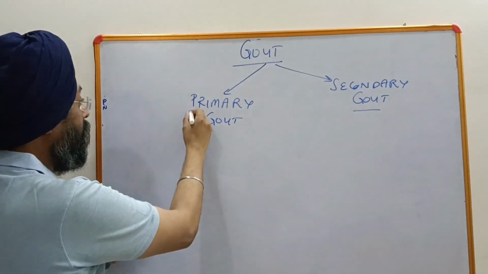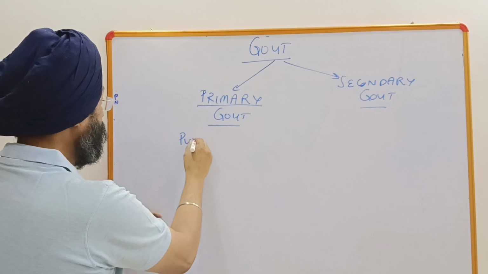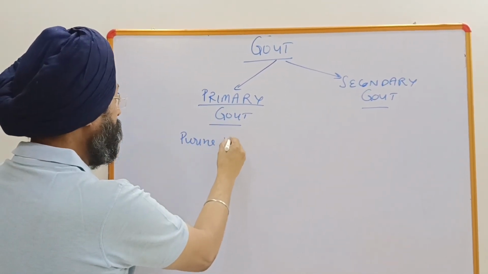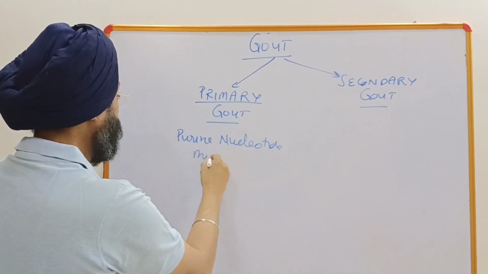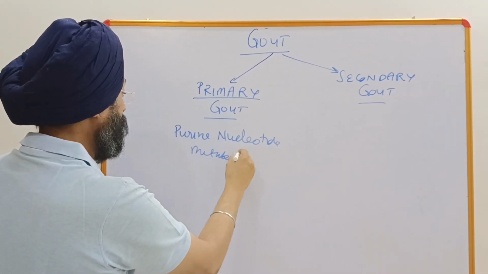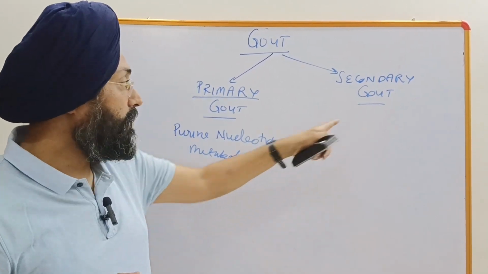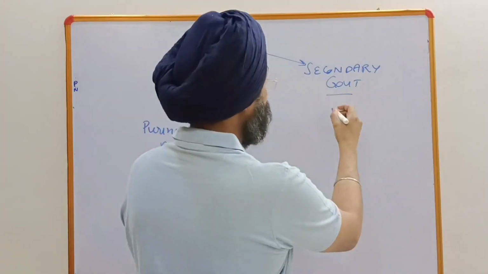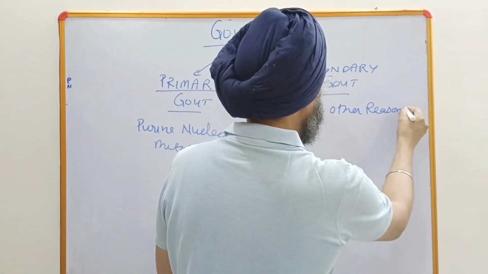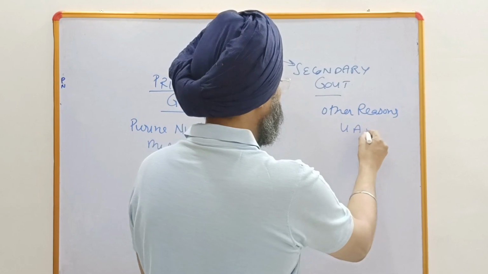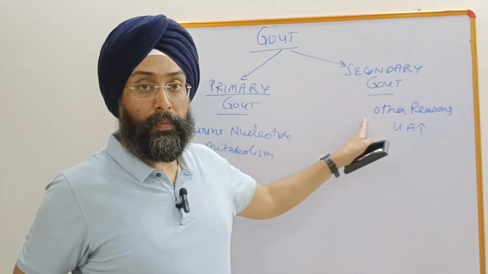And primary gout is associated with purine nucleotide metabolism, maybe due to overproduction of uric acid, right? And secondary gout is due to other reasons that cause increase in uric acid other than purine nucleotide metabolism proper, right?